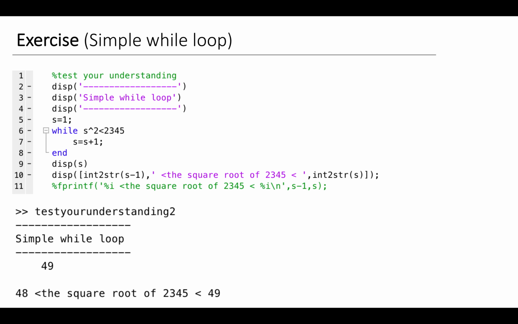And that bit of text there at the bottom is coming from line 10. If you take away the percentage sign from the front of line 11, it produces exactly the same thing. So if you prefer fprintf, there's some code there to take a look at. I think it just makes it look a bit nicer in the output.